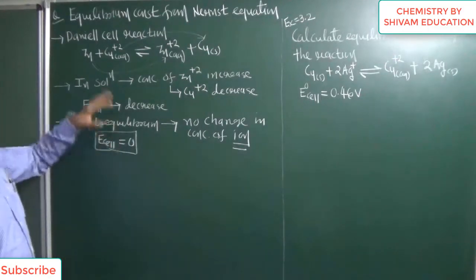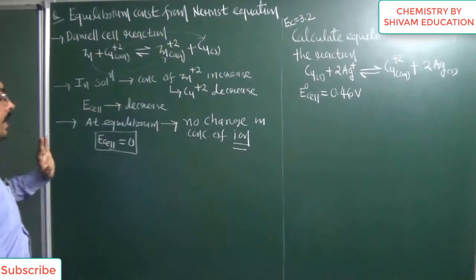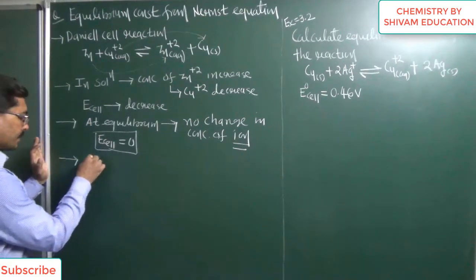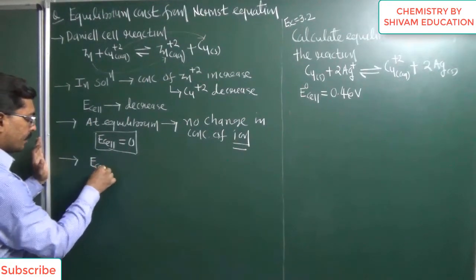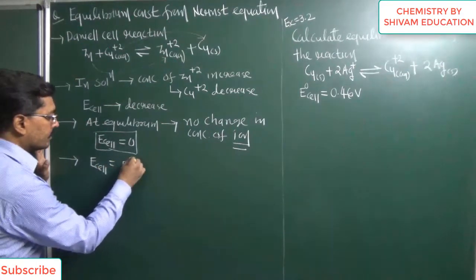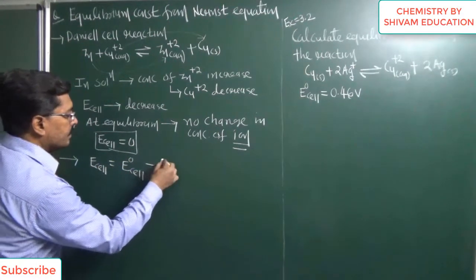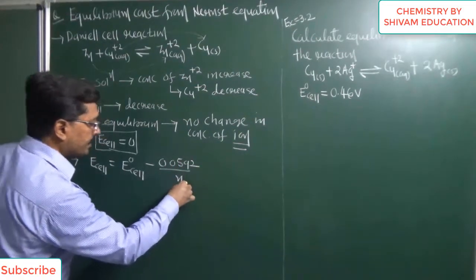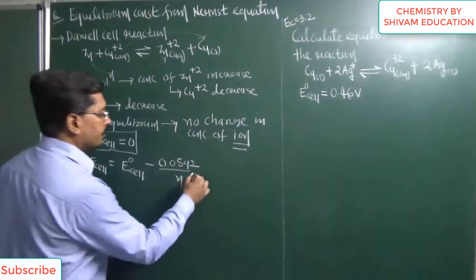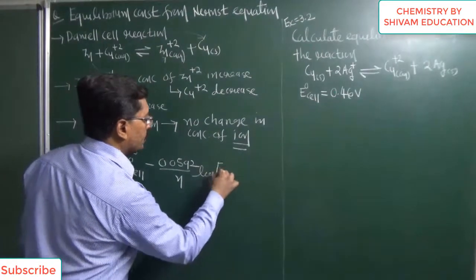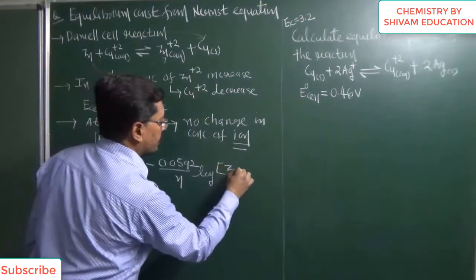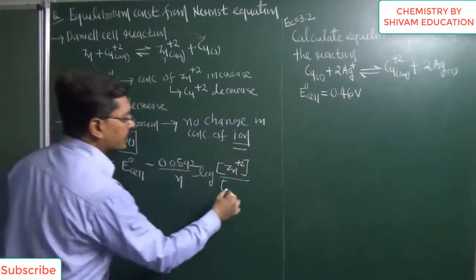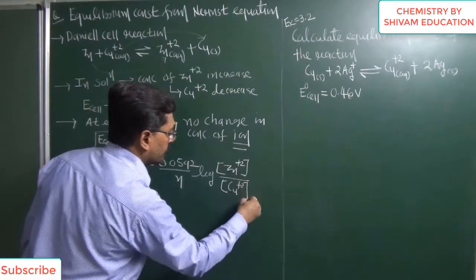First, for this reaction we can write the Nernst equation in this way: E cell equals E0 cell minus 0.0592 upon n into log of the concentration of product, meaning the concentration of Zn+2, upon the concentration of reactant, meaning the concentration of Cu+2.